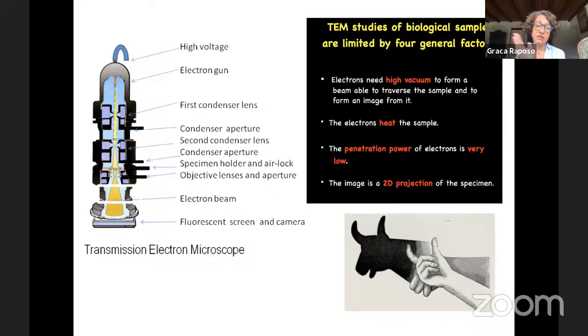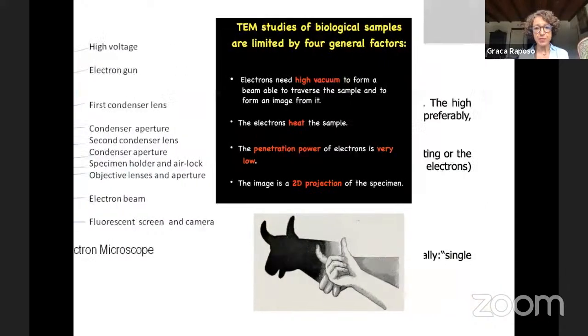So the image that you see is finally the contrast that is made, and you have here the example of the fingers and the head of the bull. So the image is clearly a 2D projection of the specimen, and as you see, of course, it's all black and white. And sometimes we say, oh, it's all black and white. Yes, it's all black and white, but as you'll see later, we can put some pseudo colors, essentially when you are doing electron tomography.